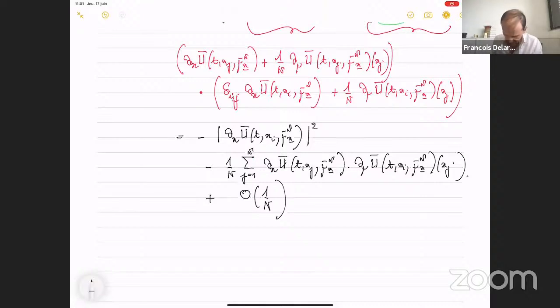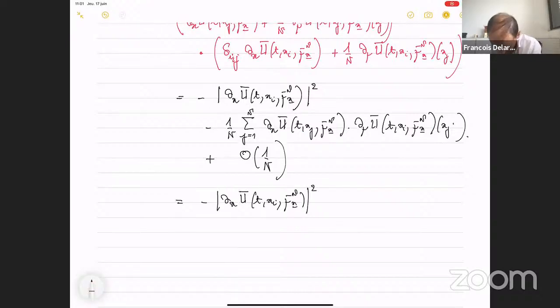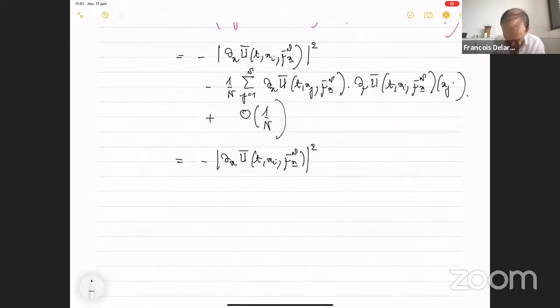Now, you have to realize that this is really close to what we had yesterday in the master equation, because the first one, for sure, I'm not going to change it, but the second one is an integral. What I'm going to say is that this sum normalized by N is the integral with respect to the uniform measure of a suitable function.